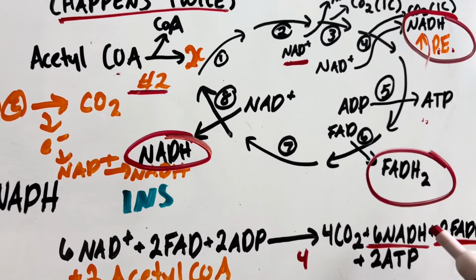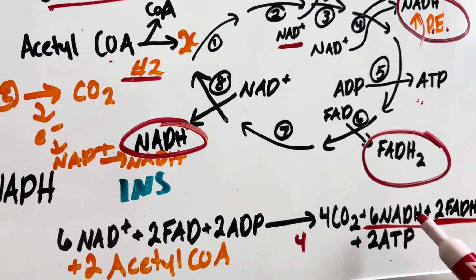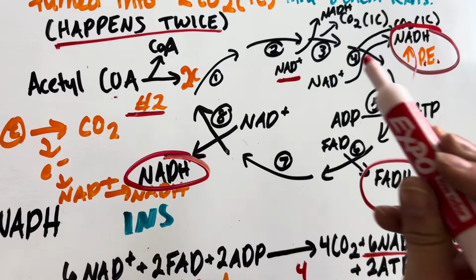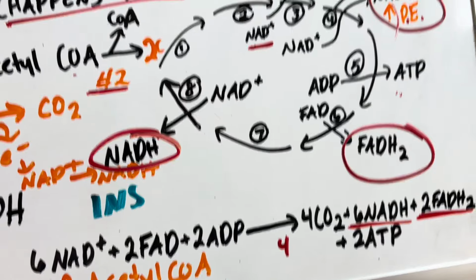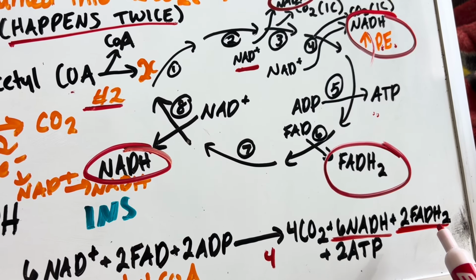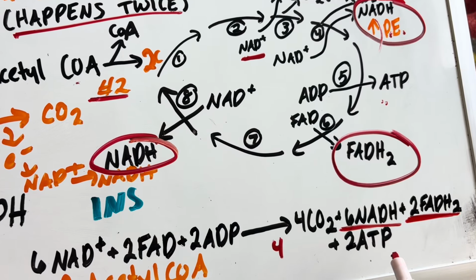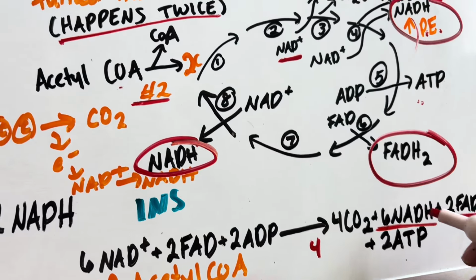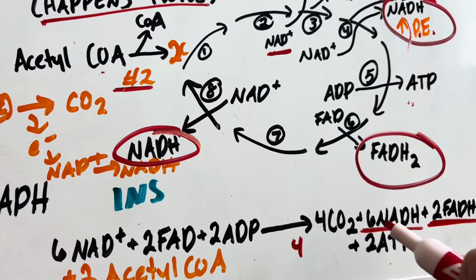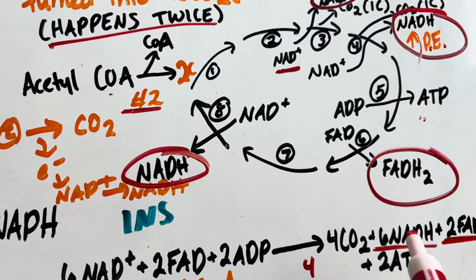Sorry, where was I? We have this 6 NADH that we got from the whole process. I forgot to circle one. 6 NADH, 2 FADH2, and then 2 ATP. And since these molecules are so high in potential energy, we're gonna put them to use in the electron transport chain here in a second.